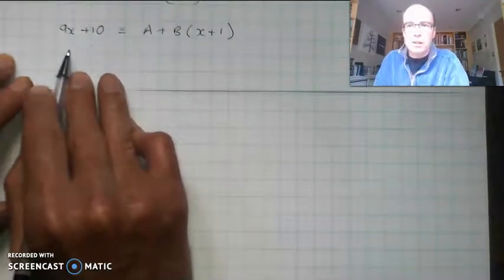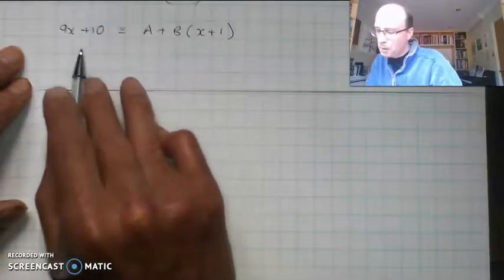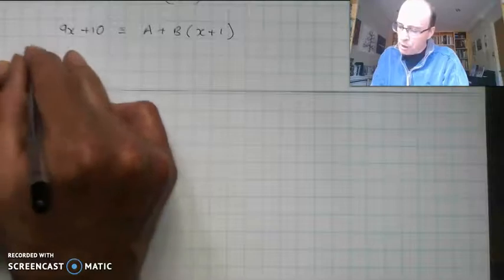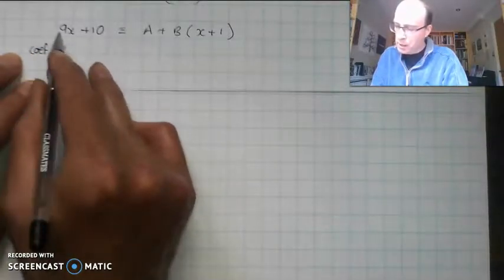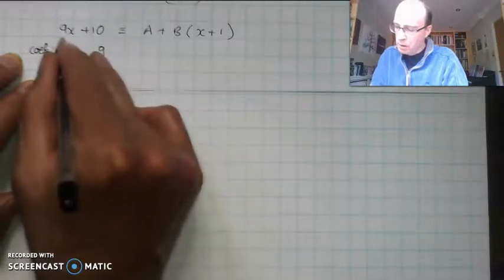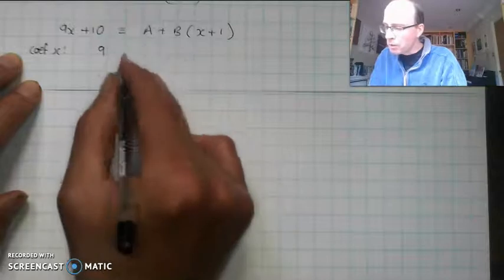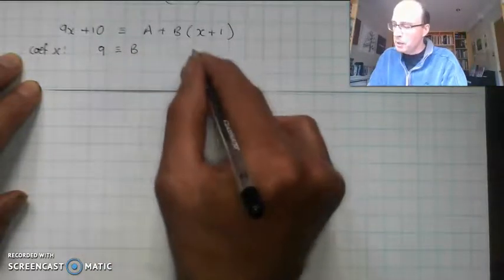We can either use substitution or equating coefficients. I'm going to have a look at my coefficients of x, because that's going to give me 9 over here. I've got no x's there, and I've got b over here, so that's equivalent to b. So b is equal to 9.